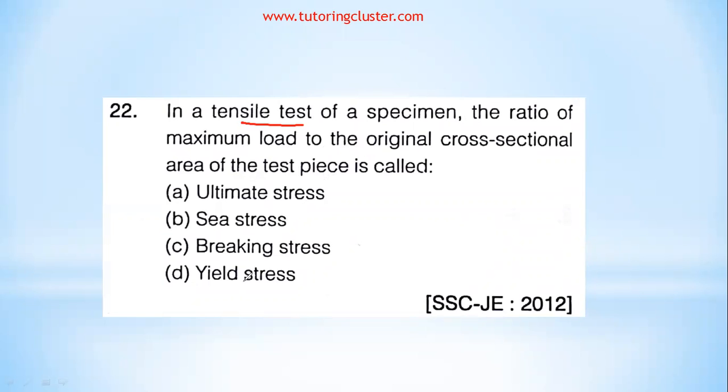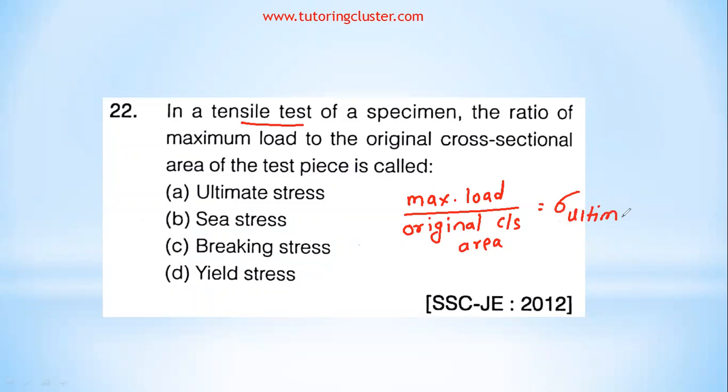So we know the stress strain diagram, and the maximum load to that of original cross section area is nothing but ultimate stress. Okay, so it is a maximum stress, ultimate. Okay, next.